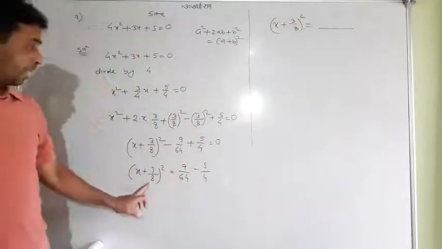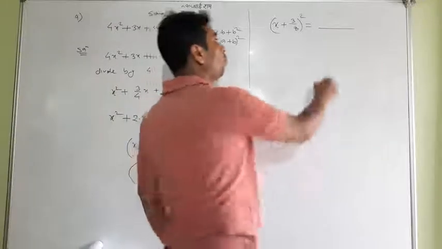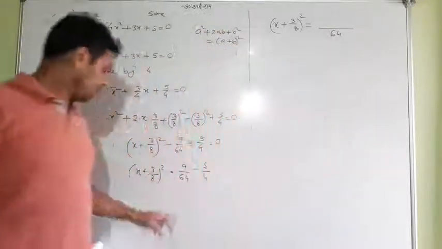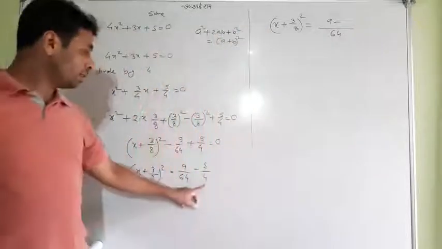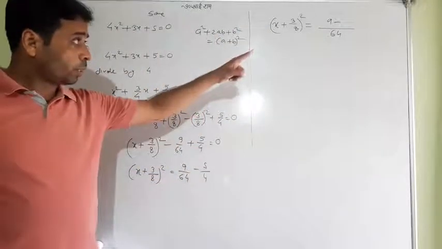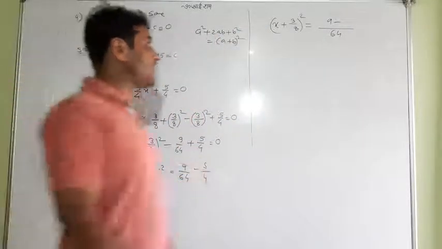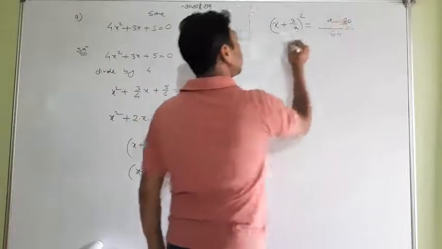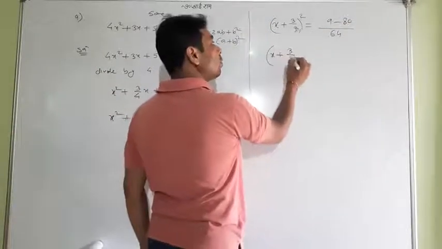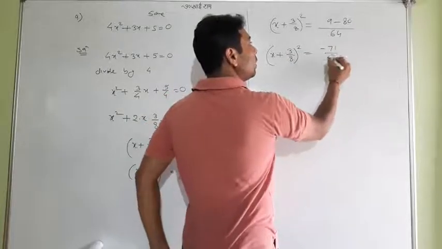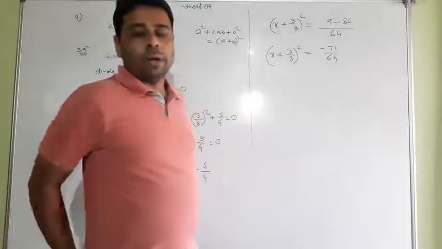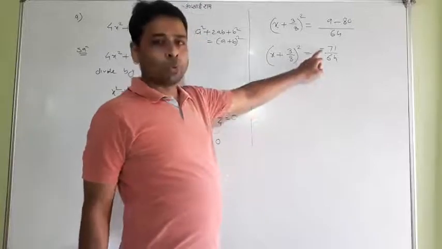The LCM is 64, and here it is just 9 minus, this is 4, 16, 5 is 80. 80 will be here. The next term, (x plus 3 by 8) whole square, is equal to this. Both will be minus 71 upon 64. And unfortunately we have got a negative number.